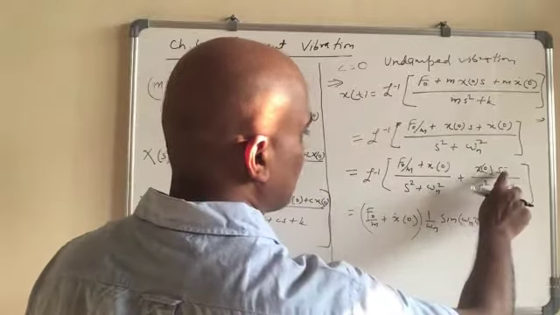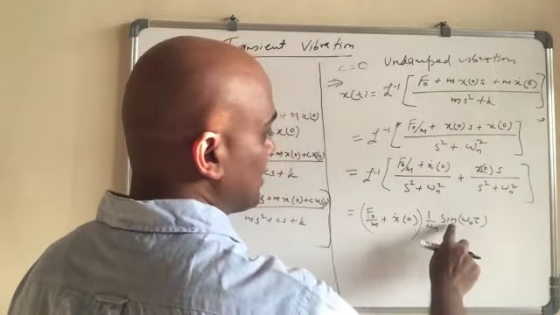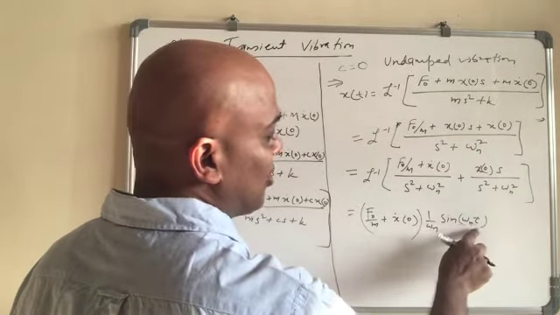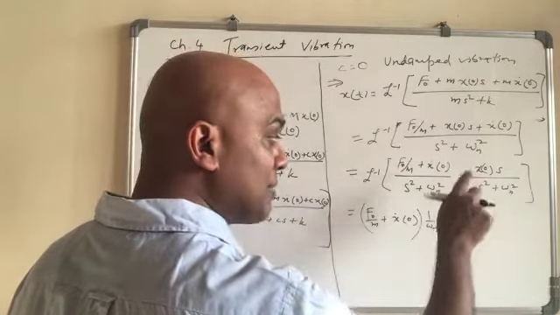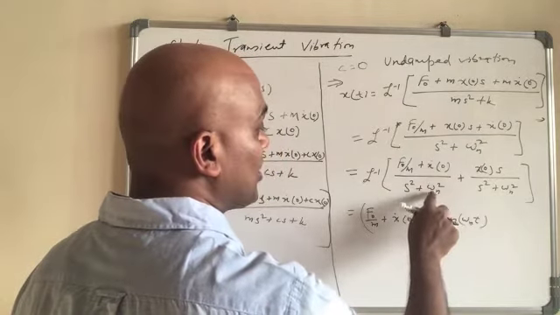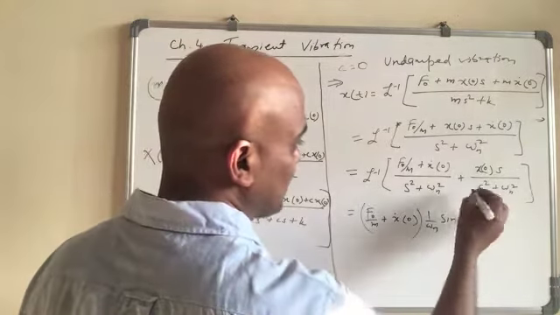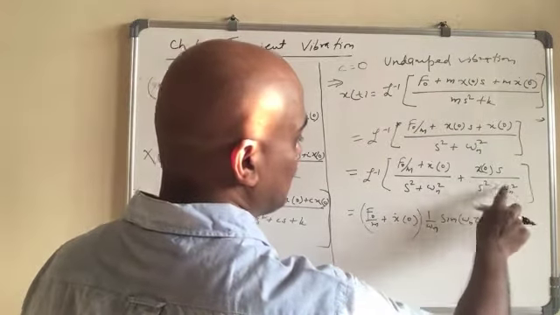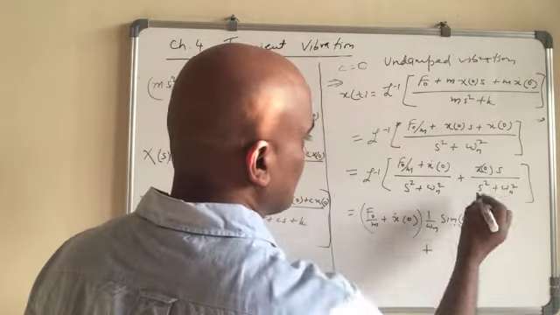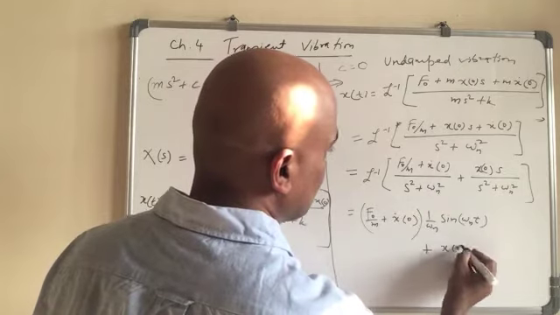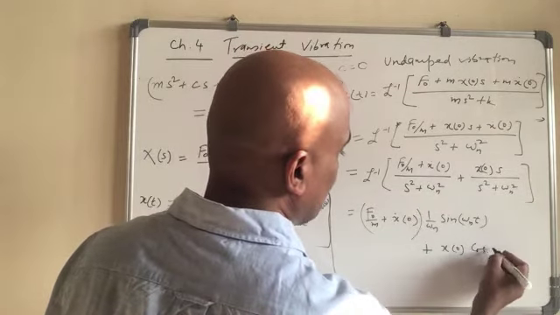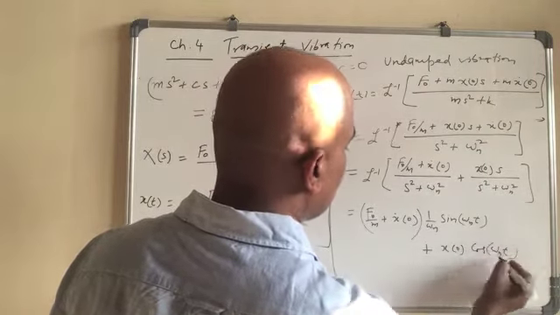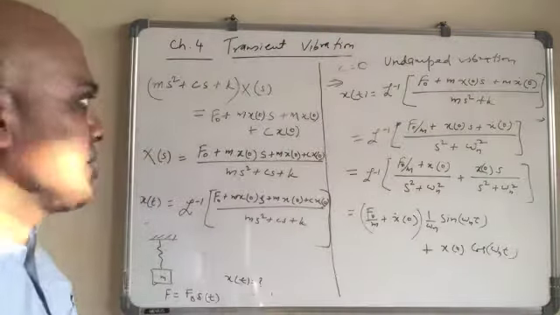This is because the Laplace transform of sine omega n t is omega n divided by s squared plus omega n squared. That's why you get it like this. And the other term becomes x(0) times cos omega n t. So this is the solution.